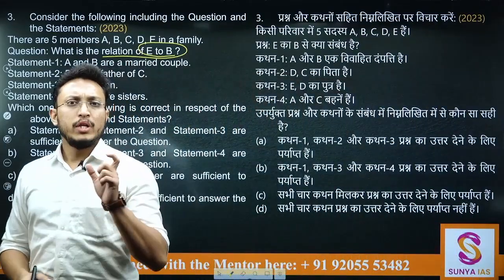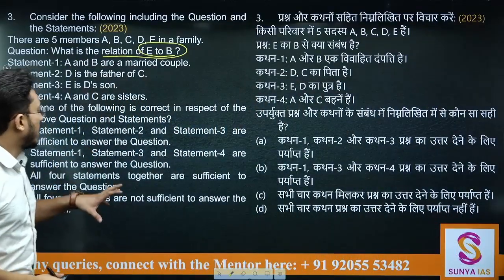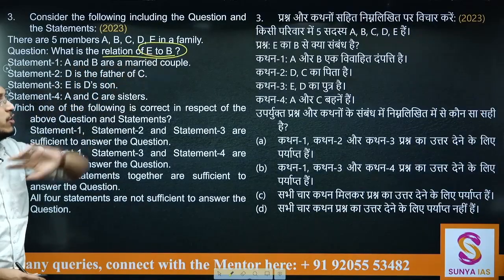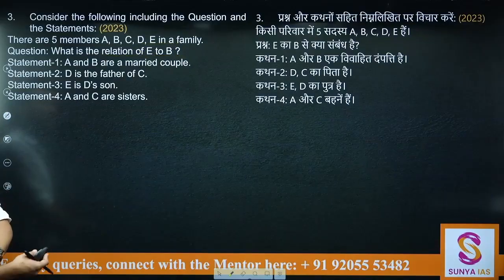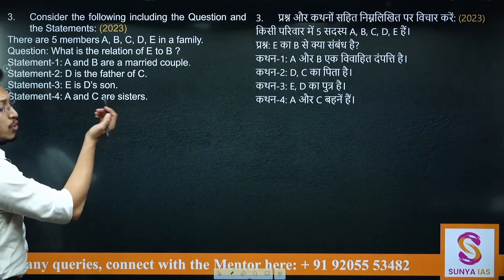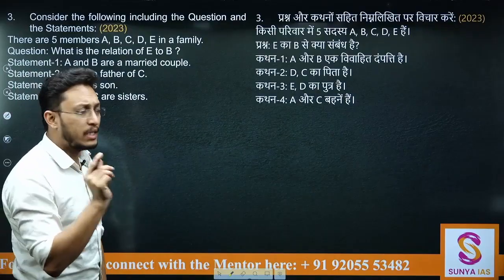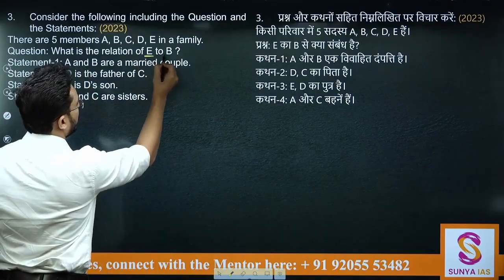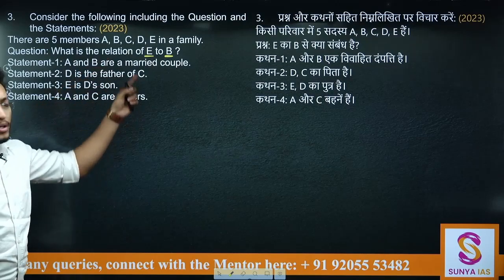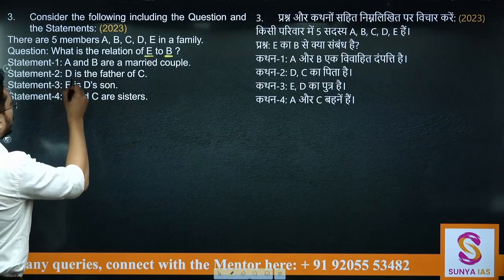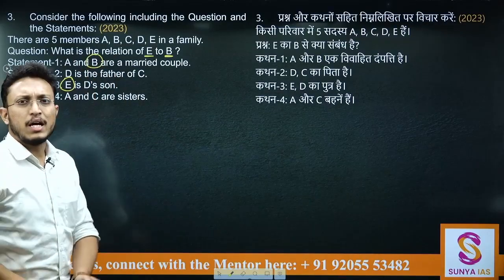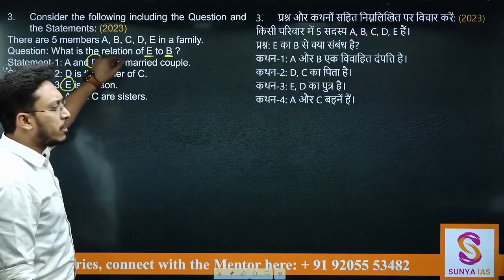What we need to do here is determine which of the statements we need to find the relation of E to B. We have seen this in class also, but first notice which people are under consideration. The relation of E and B is asked. In these statements, where do you find the information about E and B? Information about E is given here, information about B is given here. So that means I'll need at least these 2 statements.